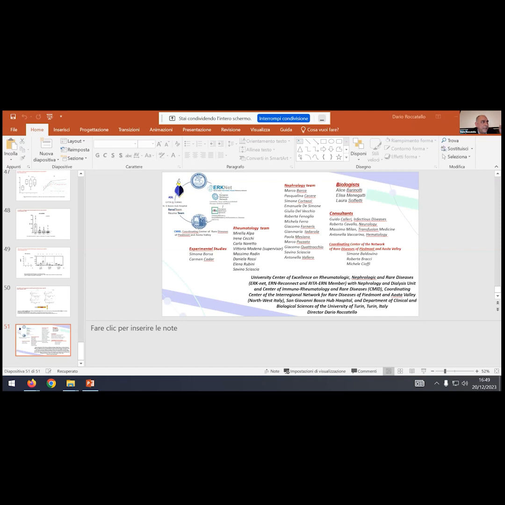So there is surely a small proportion of patients that can be treated after the failure of B-cell depletion therapy with anti-CD38 agents.